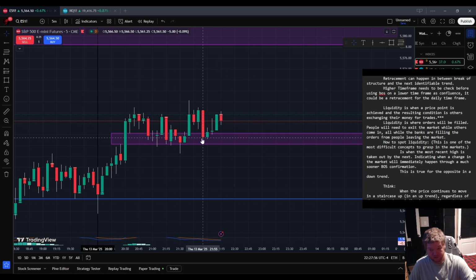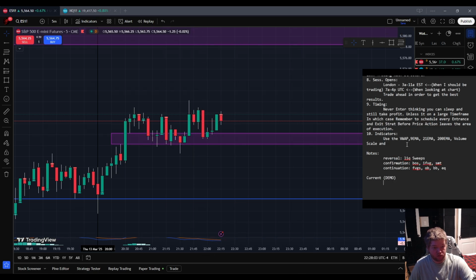Boom, into the fair value gap, but it respected it even still. A respected fair value gap is indicative of continuation. Boom. Price is going to continue upwards for this, which means we have yet to see the high of this retracement.